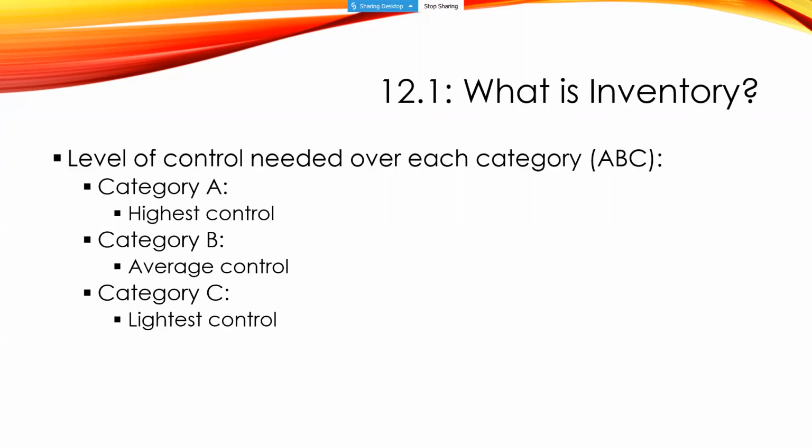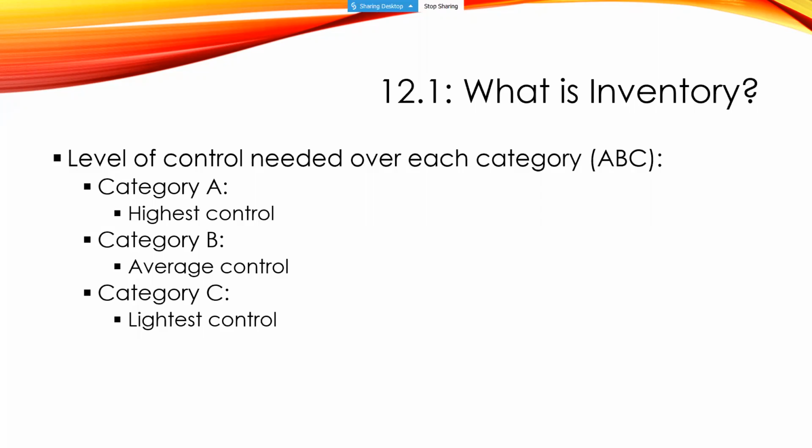That's where you know lot number 1267 cost $3,421 to obtain. That's the kind of detail you need on these category A investment inventory items. So they need the tightest control, they need the most detail, and the most accurate records.